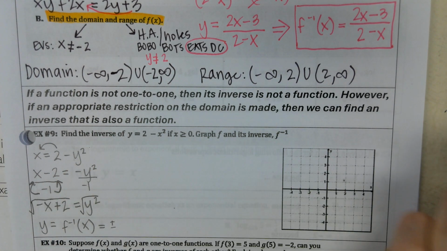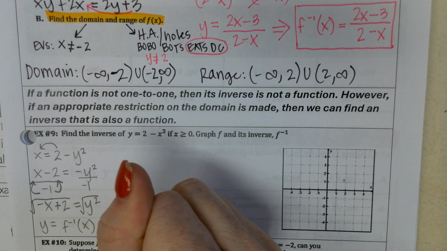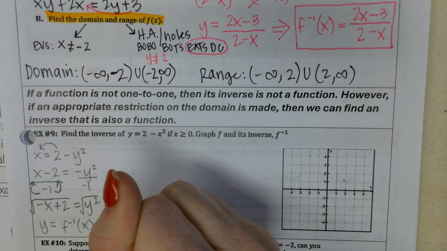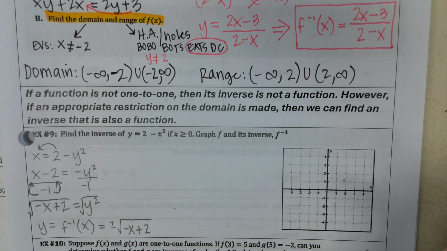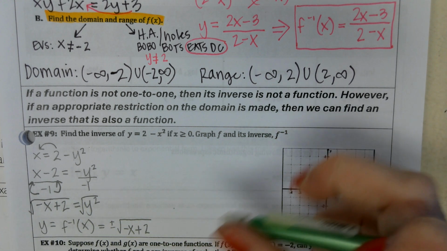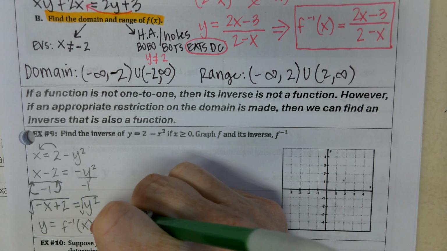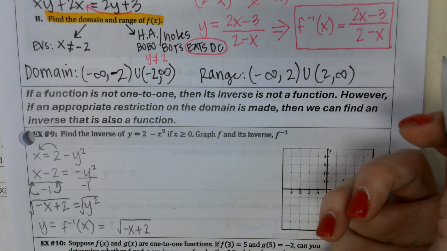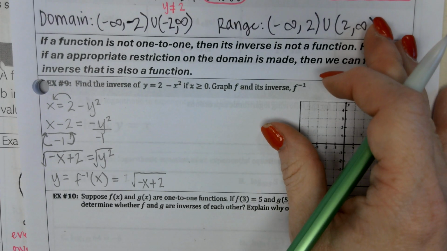Technically, when you take the square root, you have to put a plus or minus out front. But I don't want both of them here. I want just the positive.